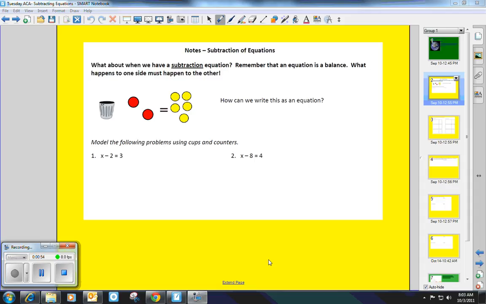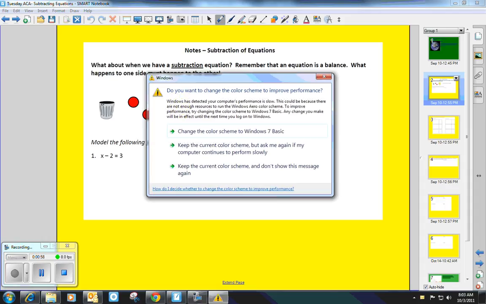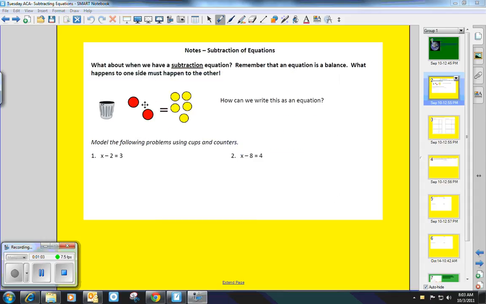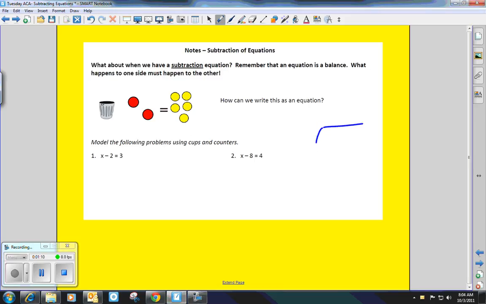Okay, so looking at these, model the following problems using cups and counters. You can choose whatever cups and counters that you want. You can use the trash can and the red and yellow cups and counters, but if you're going to use something different, come out here to the side, make a box, write key over it, and say you're going to use, I don't know, rectangles for x's or squares, and you make that equal to x, and then pluses are equal to +1, and minuses are equal to -1, okay?